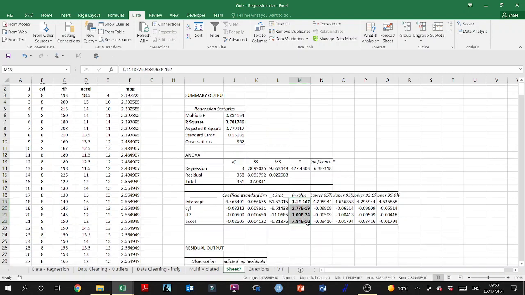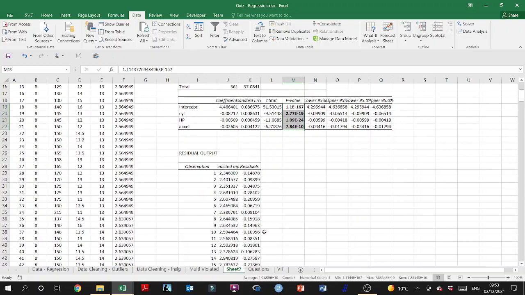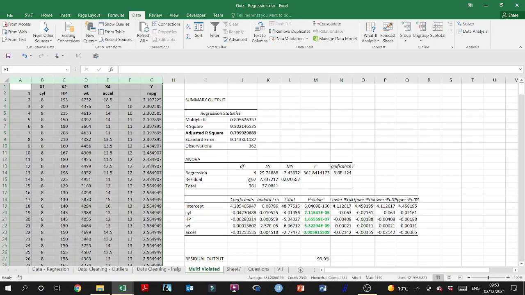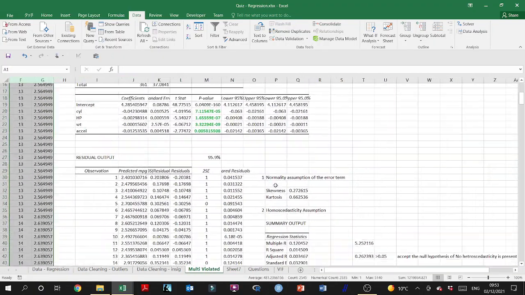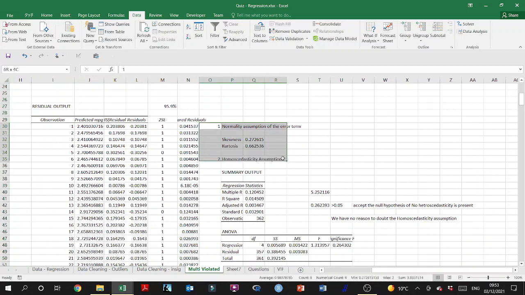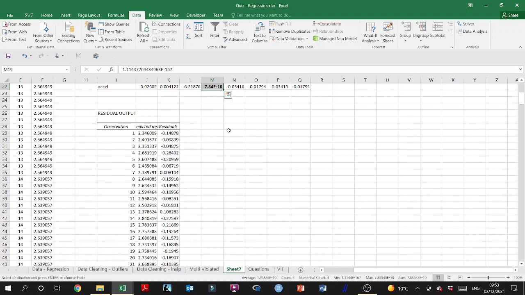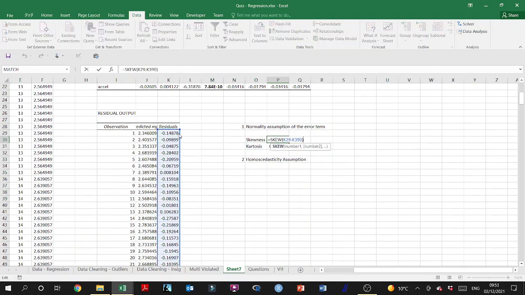P-values are all right. Again, we have to do the skewness and kurtosis. Let me just take this here. Sounds to be good. Now let's take the homoskedasticity.